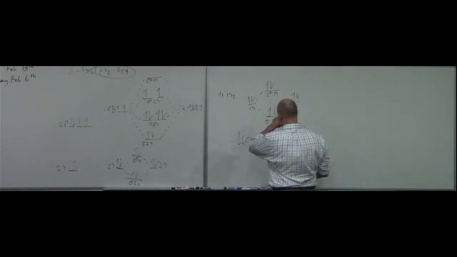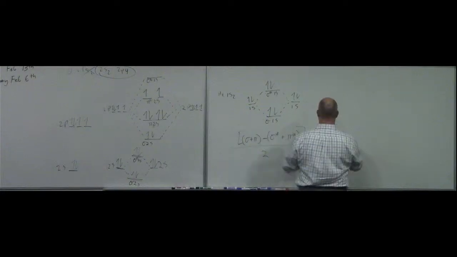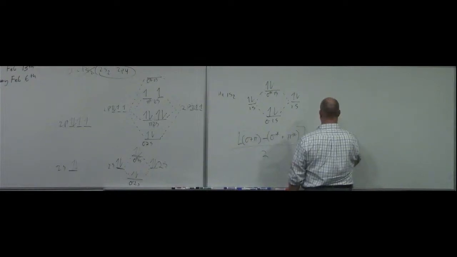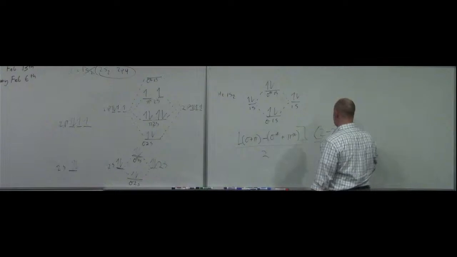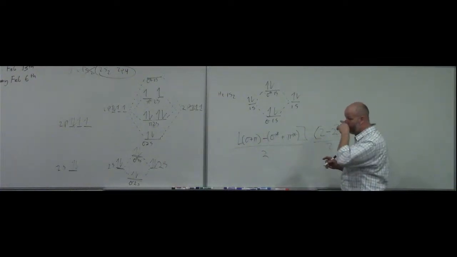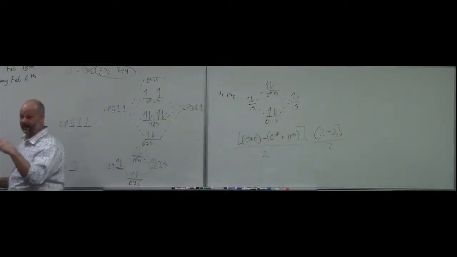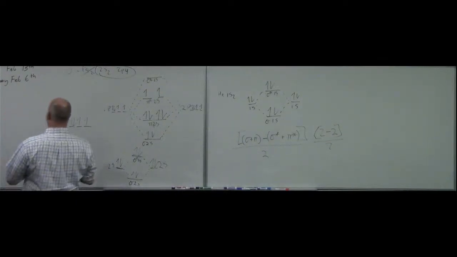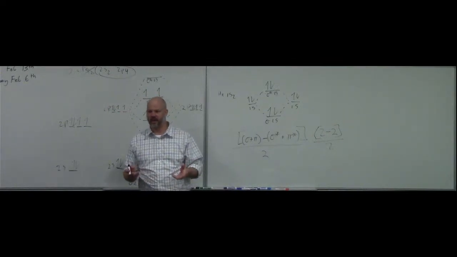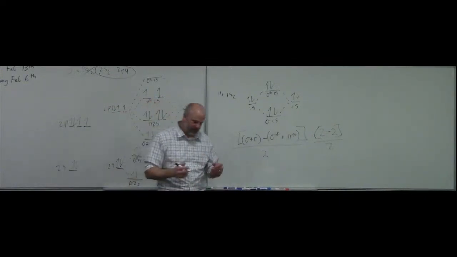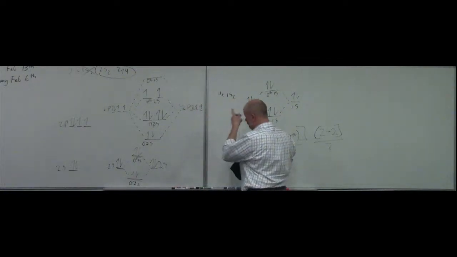So in this case, I've got 2 bonding minus 2 antibonding over 2. Well, this is 0 divided by 2. It gives me a bond order of 0. That tells me that I've got a 0 chance of that thing holding together, right? There's no energetic benefit.